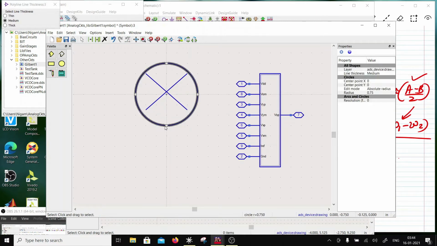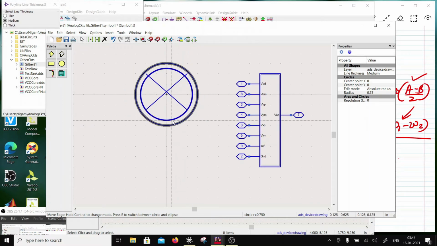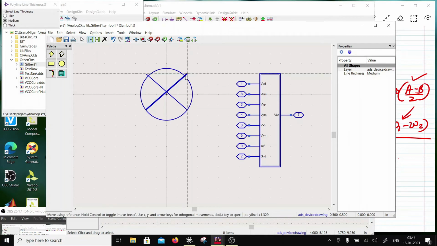But then this one is asymmetric, isn't it? Okay, let's see if I can get this here. No, it is asymmetric. So stupid here.